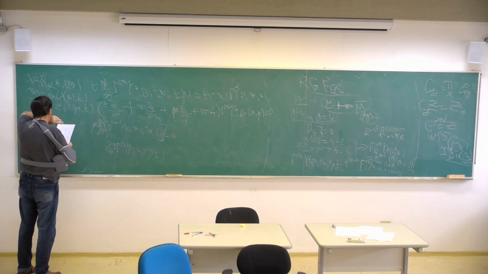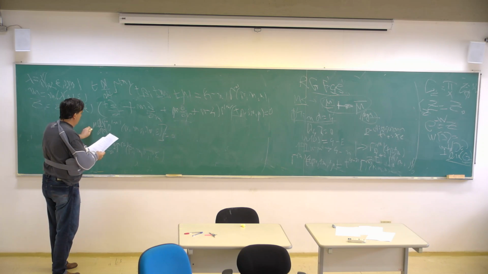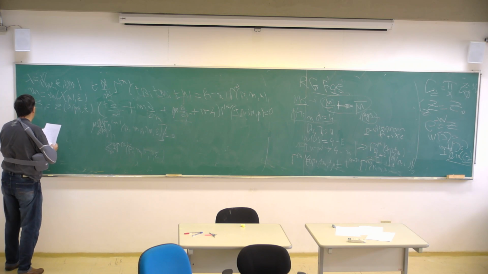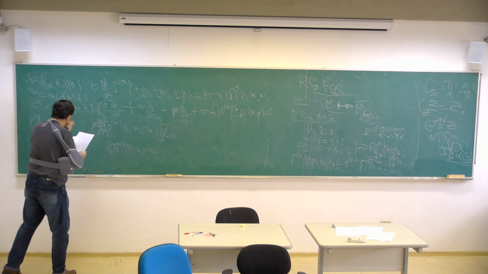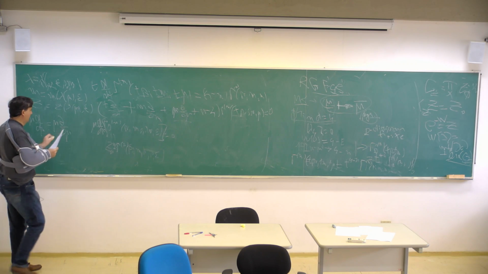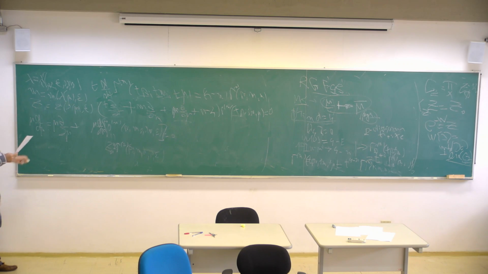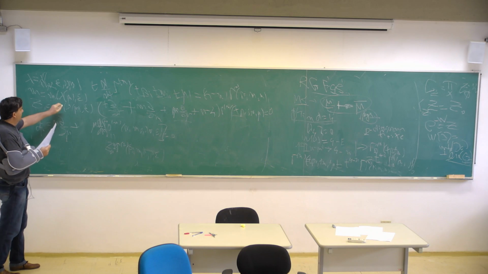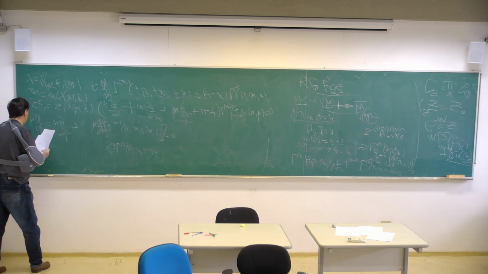So then mu d/dmu can be written as the partial derivative, but then there are implicit dependencies of mu in lambda. Sorry, d lambda d mu.